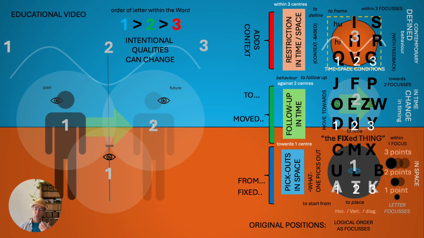But the intentional qualities change by that, because when you have A as a first letter and in the first position, it's a center point and a fixed point, and you remain there. If it's in the second position, you already move towards that one, and you say, okay, I have a move here somewhere, but this move still remains that I move towards that point of origin, which is a bit further.